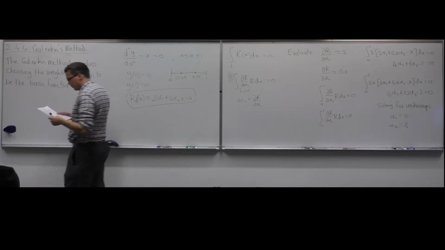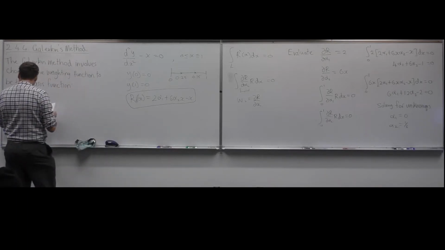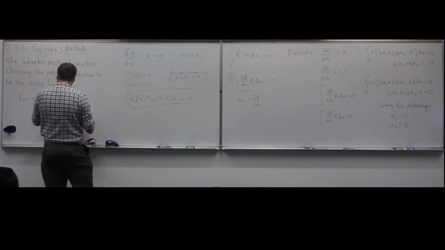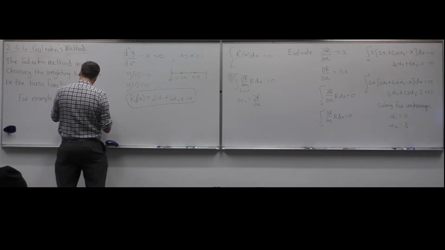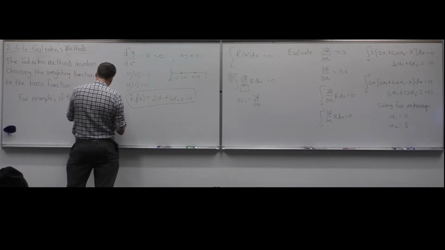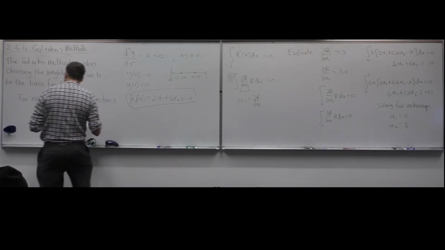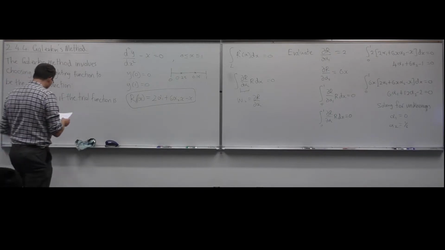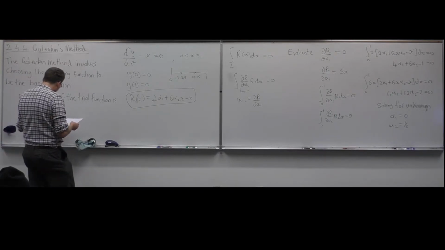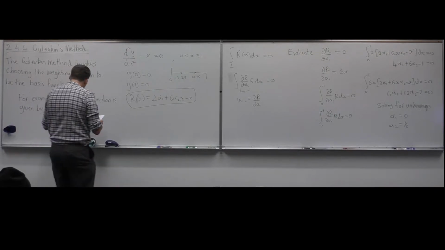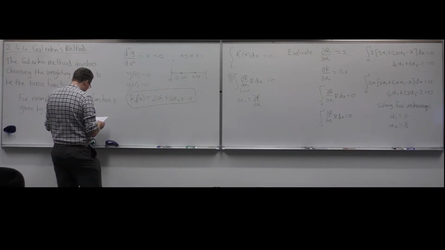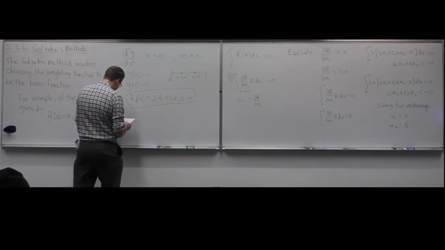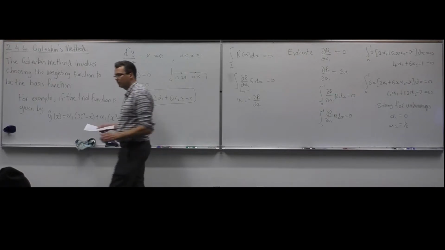So for example, if the trial function is given by this, this was the trial function that we were using for the two previous examples, right?